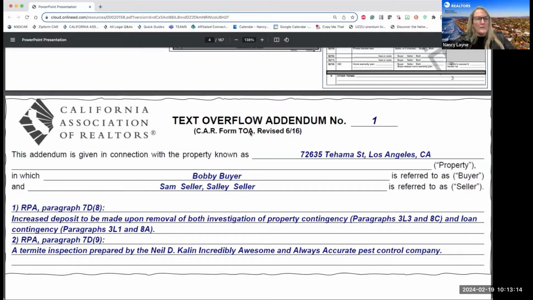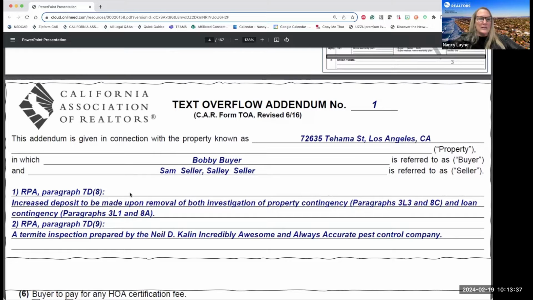This is not a form that you can fill out independently of any section of the contract that you are trying to fill out. So for example, you have something that you know has 6 paragraphs to it. This is not something that you can take a TOA and then just add it yourself. You will fill out the section where that goes, and it will automatically create a text overflow addendum.